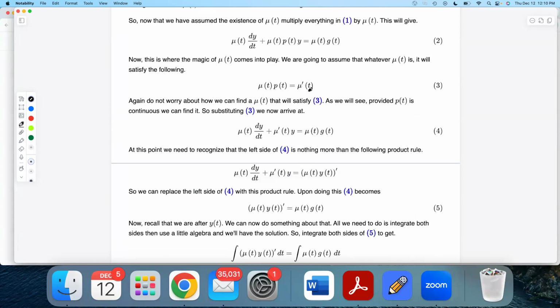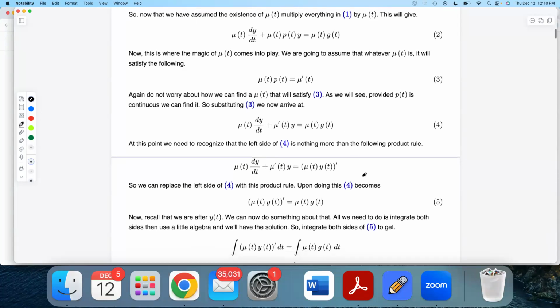So we know our assumption here is that mu prime is mu times p. We've multiplied both sides by mu. We have this as our equation right here. Let's look at this left-hand side here. That is mu times y prime.